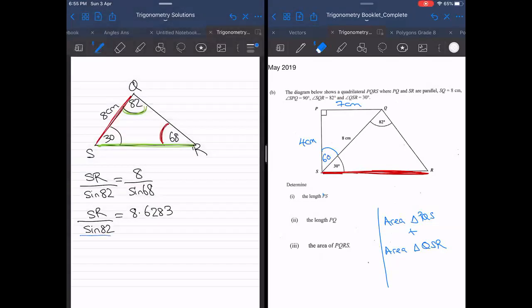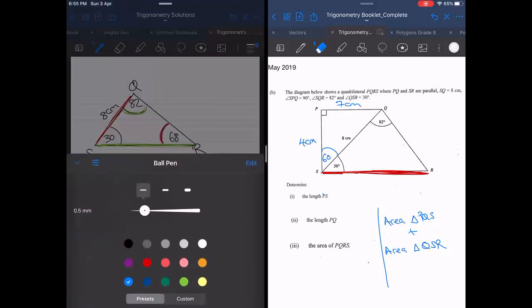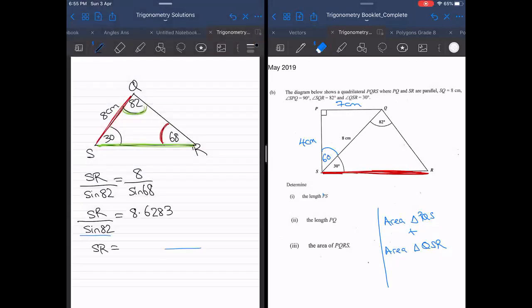And then the sine 82, which is divided, when we take it across, we multiply. That gives us 8.544. That's for SR. Since I did the others to 1, let's just put 8.5.